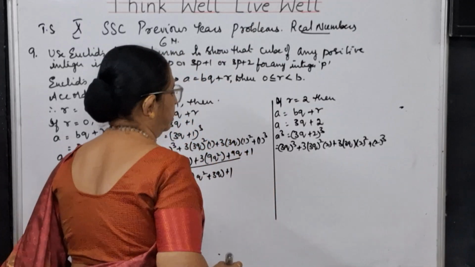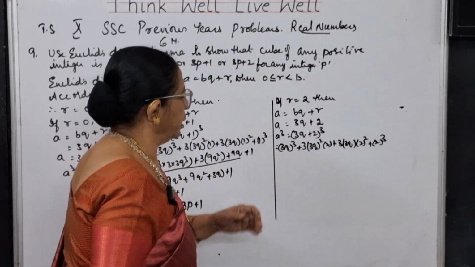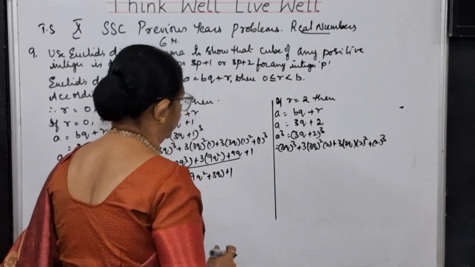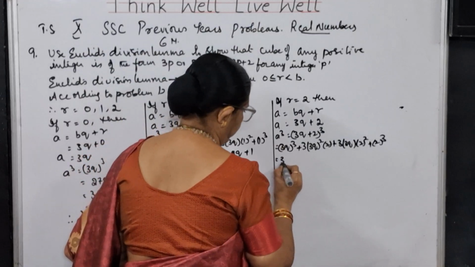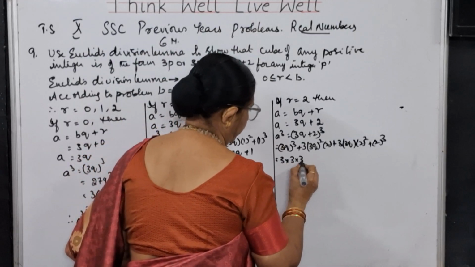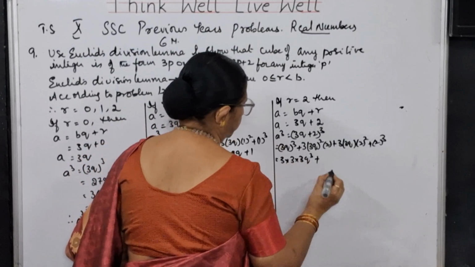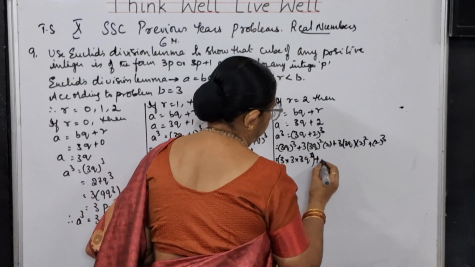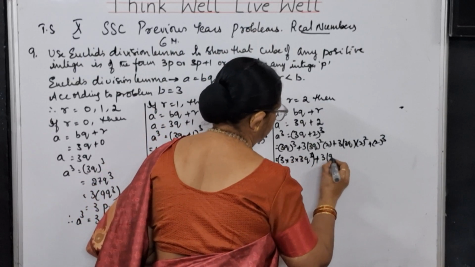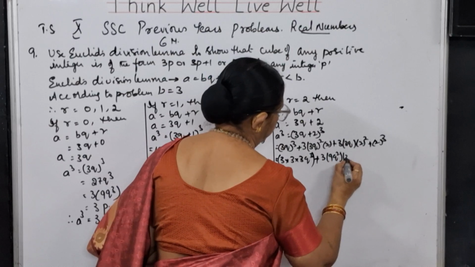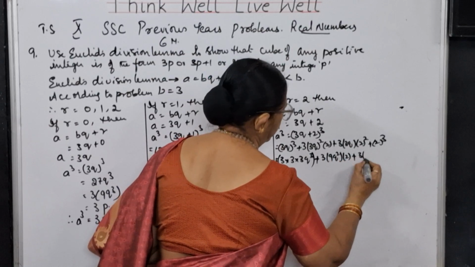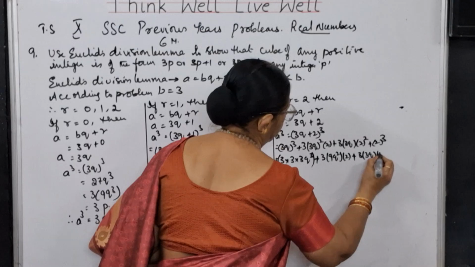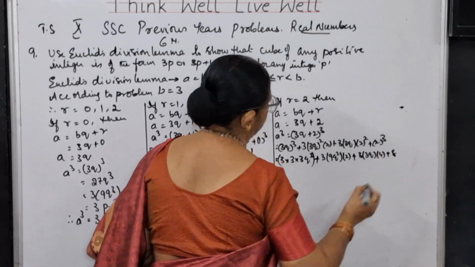I hope I'm clear, children. I'm saying a, b, c, but I'm writing the concerned values here. So this can be written as 3 into 3 into 3q cube plus 3 into 9q square into 2 plus 3 into 3q into 4 plus 8.